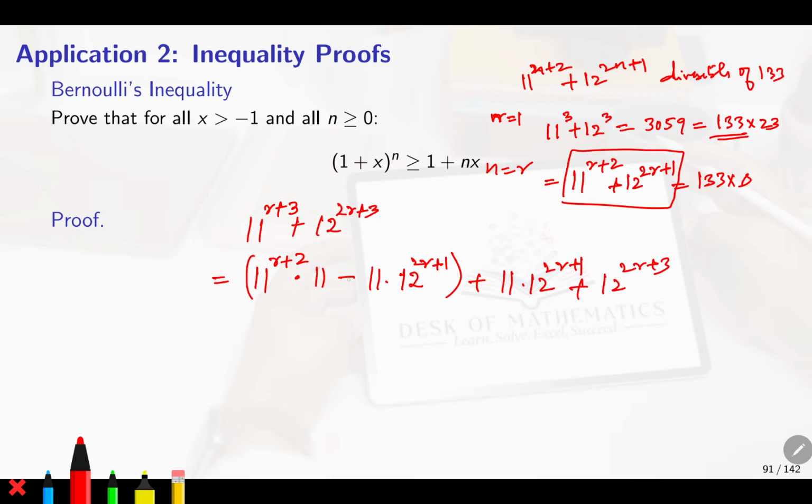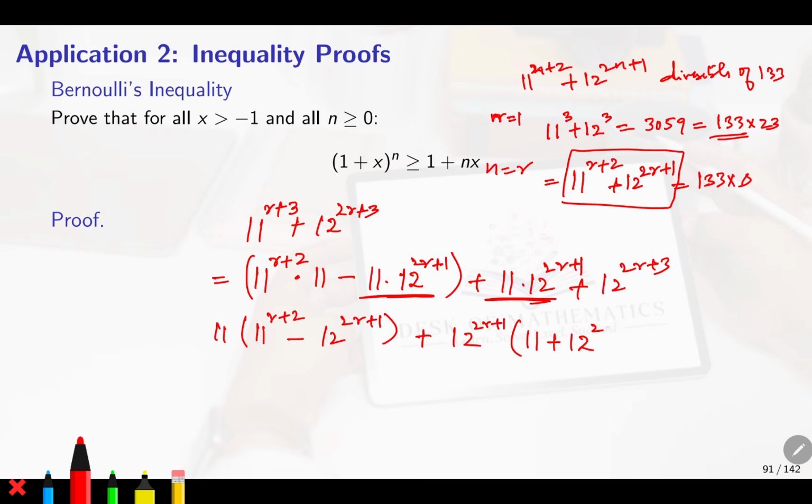Now take the 11 common here. You will get 11 times 11 to the power r plus 2 minus 12 to the power 2r plus 1. I subtract and add the same term. Plus here, take the 12 to the power 2r plus 1 common. You will get 11 plus 12 square. So now what is this? This is your 133s.